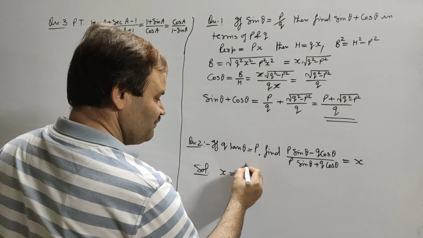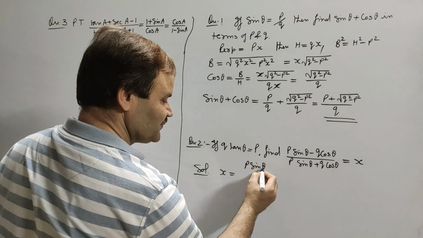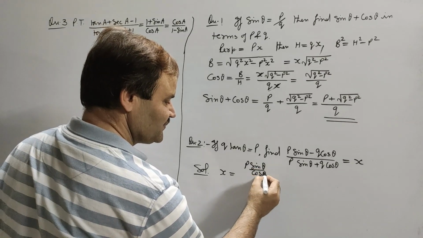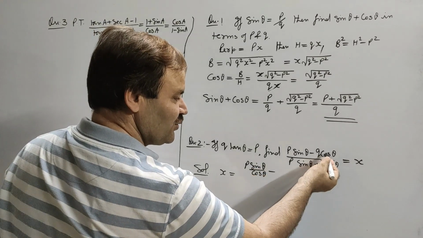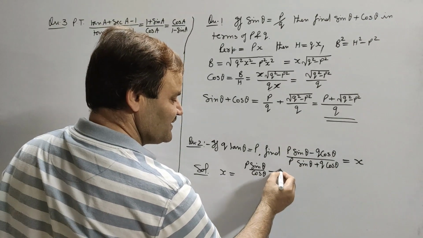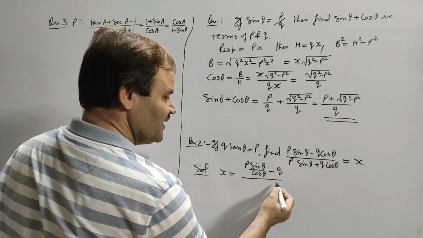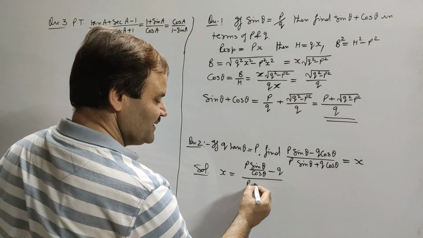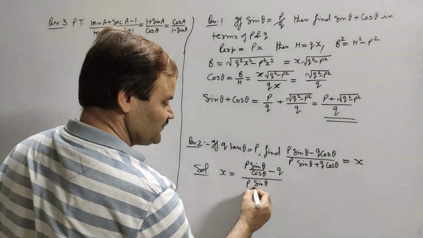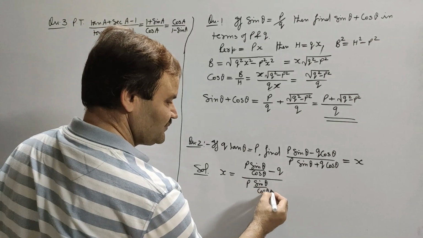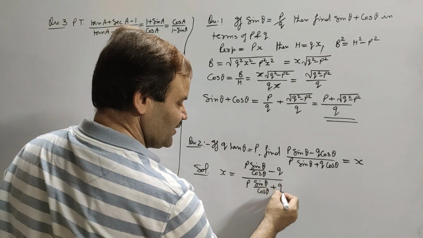So it will become p sin theta upon cos theta minus q cos theta upon cos theta, which will be cancelled, so only q will be left, upon p sin theta upon cos theta plus q.